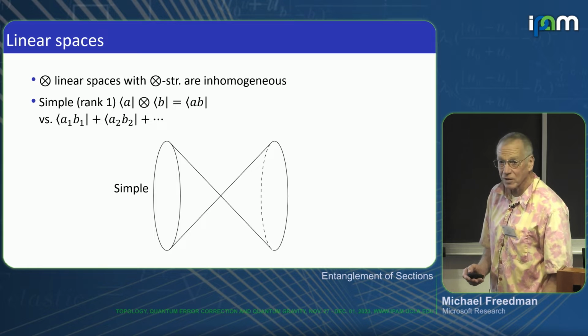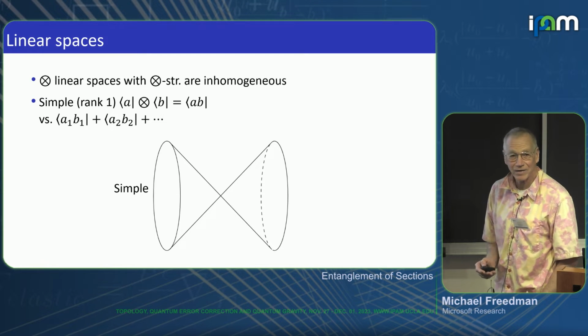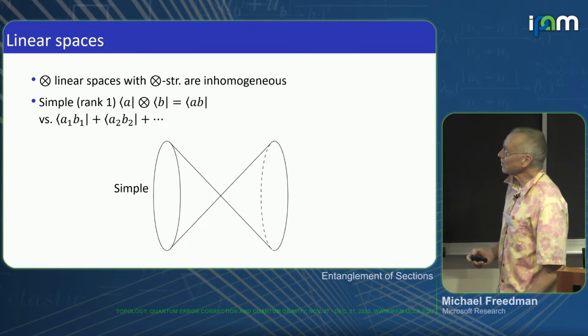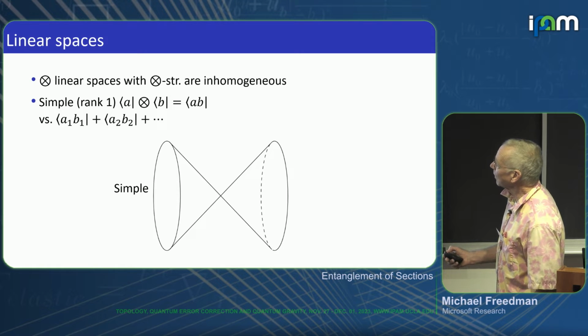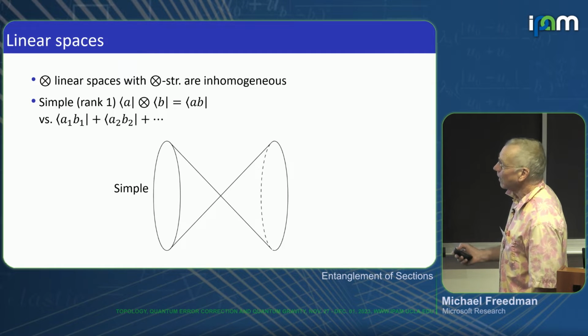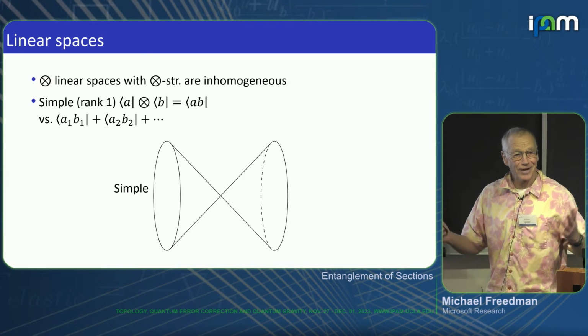Okay, now for this audience, I don't need this slide. This slide is the comparable slide to introduce bundles. This is supposed to introduce entanglement. But I still think there's a moral point that I want to make, which is that when you look at tensor products of linear spaces, so if there is a tensor structure, then they look really different to you when you're standing at the origin and looking out.